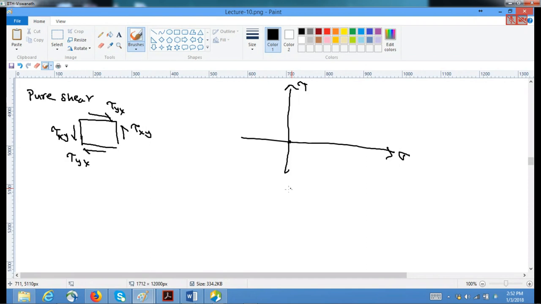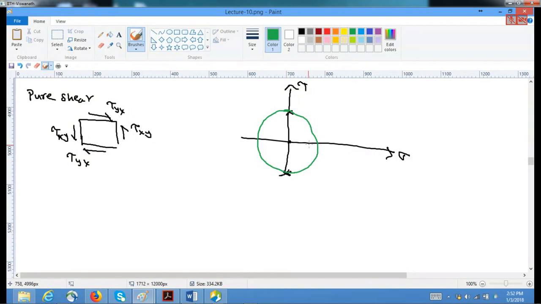Similarly, the point on this is obtained as this. Now, with this as a diameter, I need to draw a Mohr circle. So with this as a diameter, if I draw a Mohr circle, now this is your radius, this is your radius, this is your radius, this is your radius.